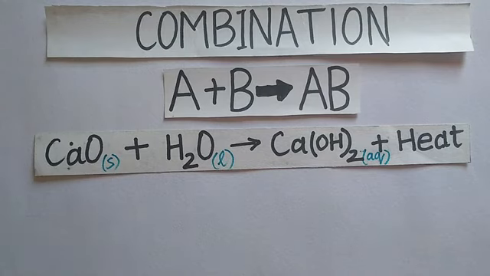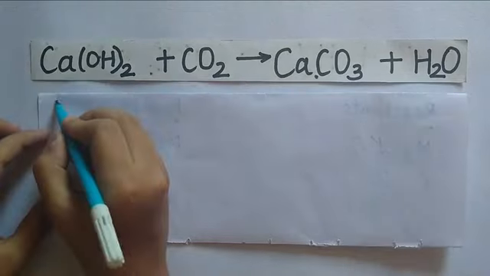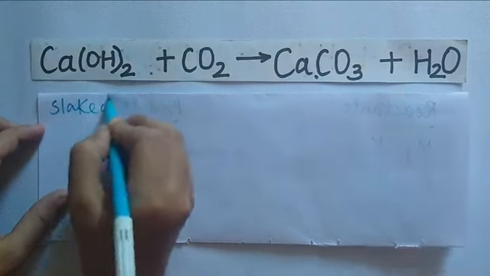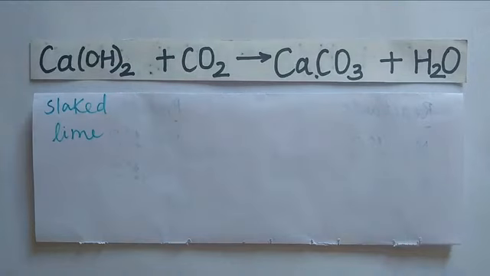Alright? So in the previous example, we got the product as Ca(OH)2, which is calcium hydroxide, also called slaked lime. Alright, so what is happening in this equation?